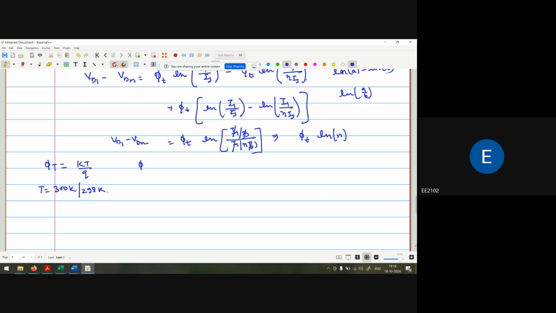So the value of phi t is 1.38 into 10 raised to power minus 23 into 300, divided by 1.6 into 10 raised to power minus 19. It is around 25.8 millivolts or 26 millivolts. It will depend on the temperature.